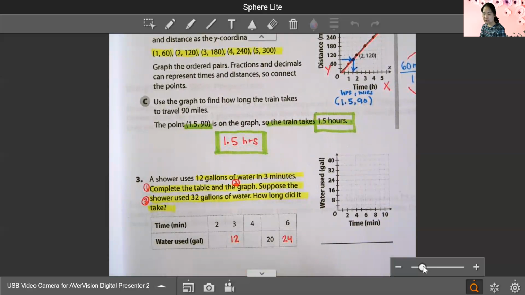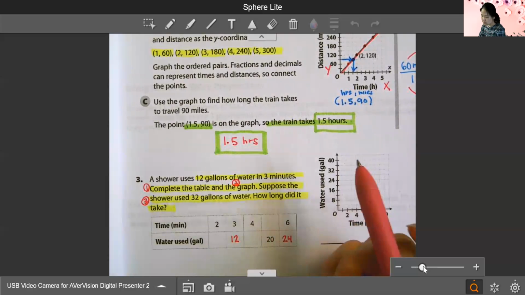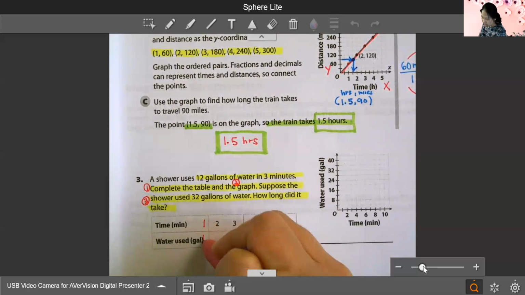So what I'm actually going to do is first simplify this ratio by 3. So I get 1 to 4.